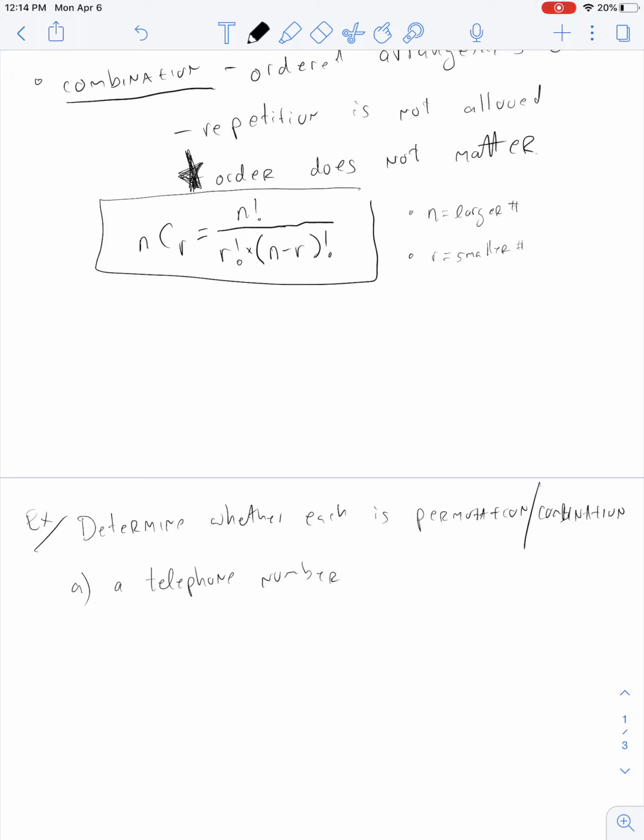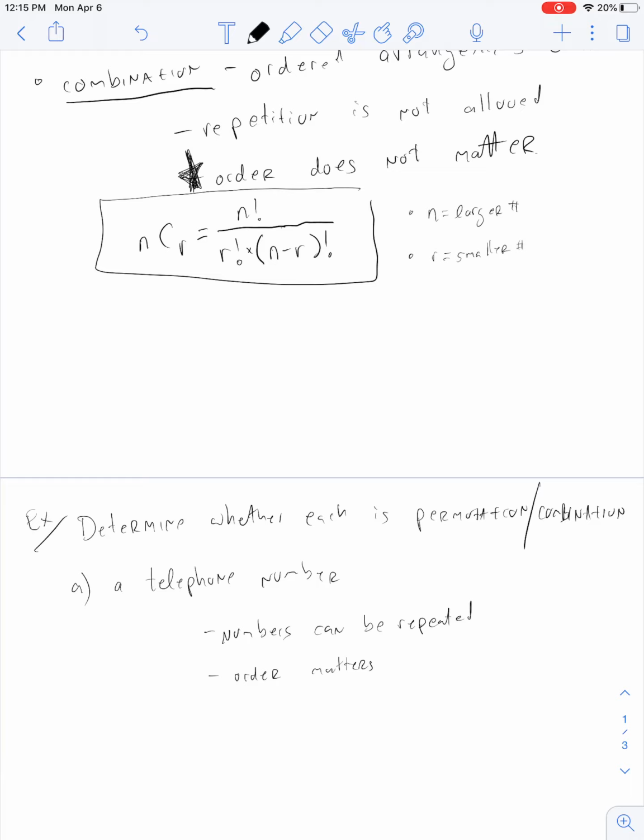Right. So, with a telephone number, we know that numbers can be repeated. But we also know that order matters.